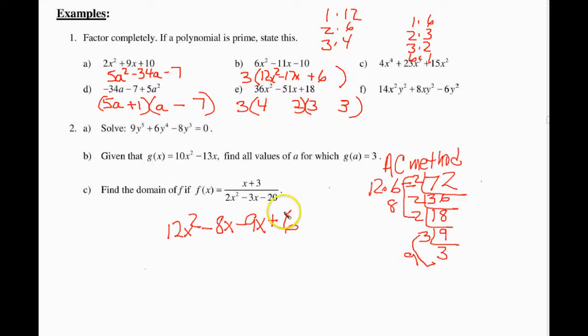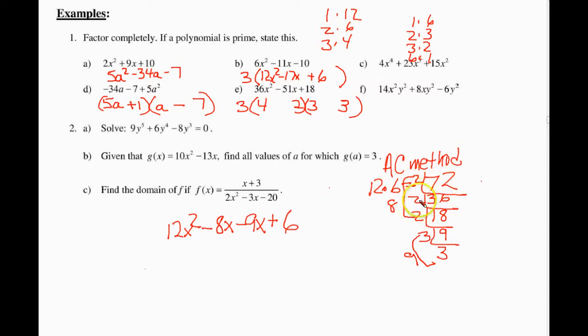That's what we do. Well, as I was working this out, I was having some trouble. So there is another method of dealing with some that are very challenging, like this one. And it's called the AC method. That is written up in your textbook. And you take the A term, which is the 12 here, and multiply it by the C term, which is 6. 12 times 6 gives you 72.